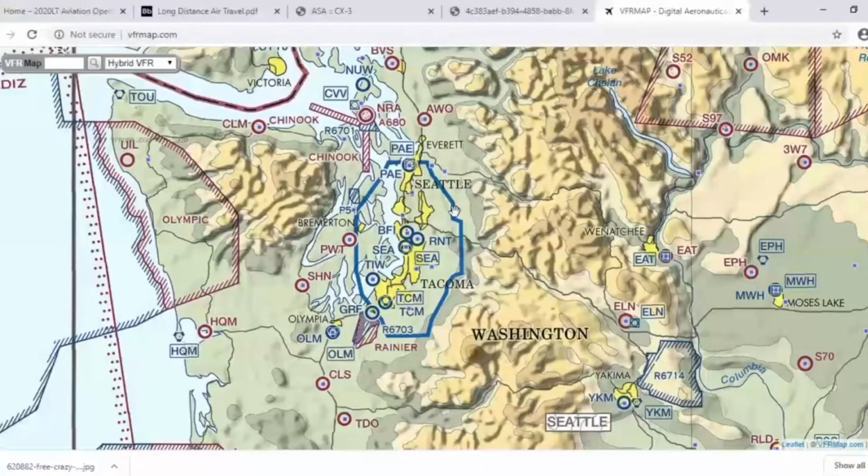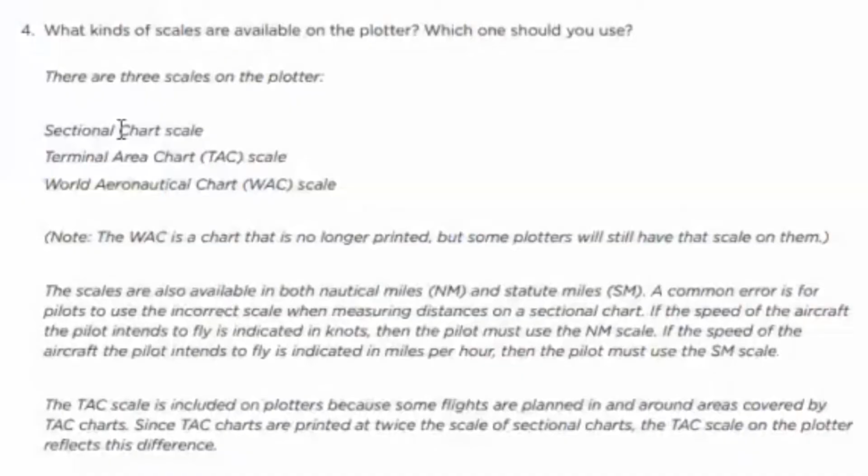If you're trying to measure distance with a plotter, you need to make sure you're using the appropriate scale for the chart, because if you used a sectional scale to measure distance on, say, a terminal area chart, your distances would be twice as much as what they're actually supposed to be. Also pay attention to that scale if you're measuring in nautical miles or statute miles, because there's a difference there, and that's a common error.